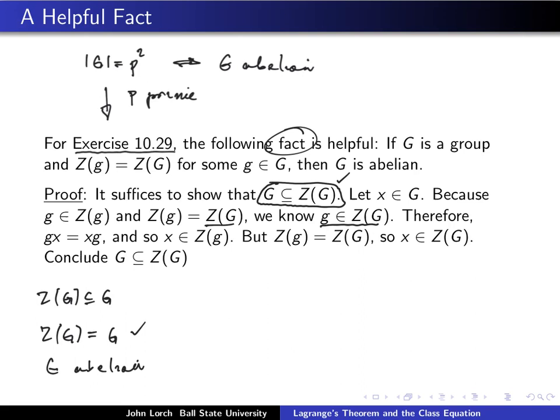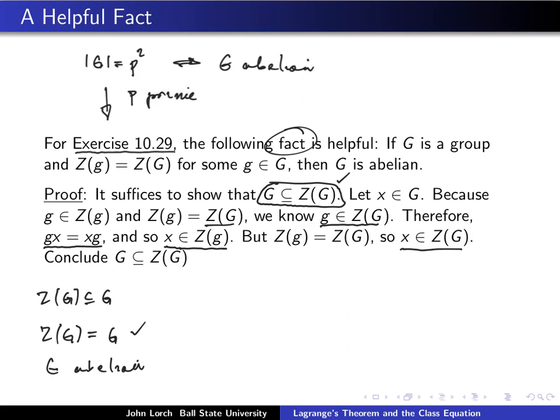And therefore, x must commute with little g. So that says that x is in the centralizer subgroup corresponding to g because it commutes with this little g. But again, we apply our hypothesis that the centralizer subgroup is equal to the center, and that tells us that x lives in the center of the group.